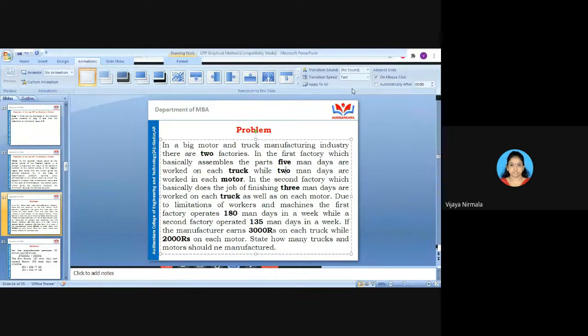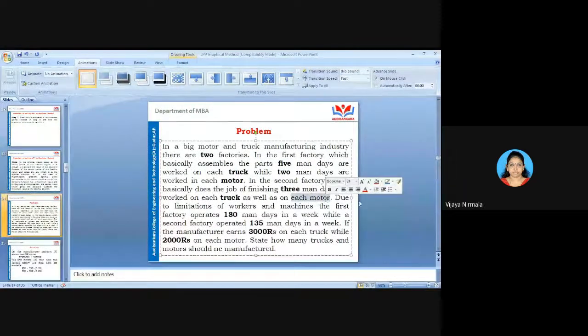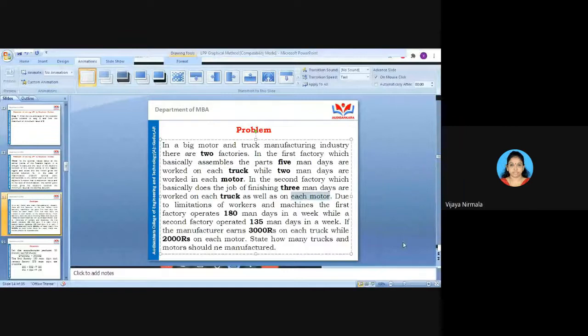And the second factory basically does the job of finishing. 3 man days are worked on each truck as well as on each motor. So when you come to the second factory, the finishing is done for truck and motor.